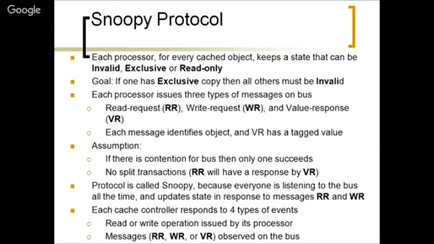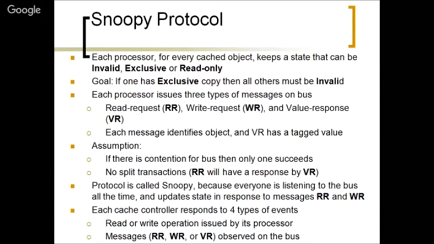And there are no split transactions, meaning whenever you put a read request on the bus, it should be followed by a VR, the value response. It should be acknowledged, in a sense.